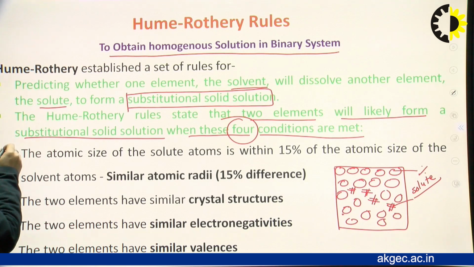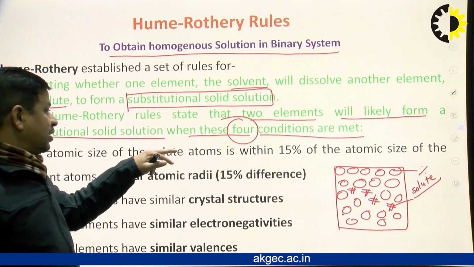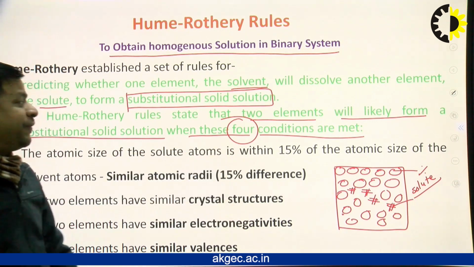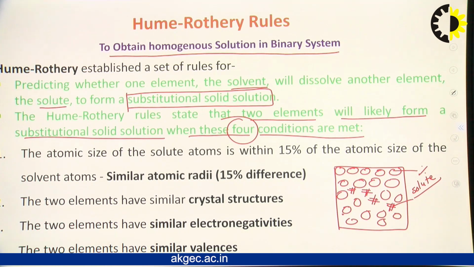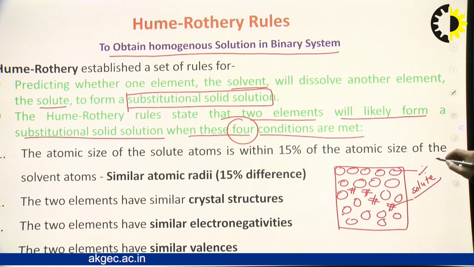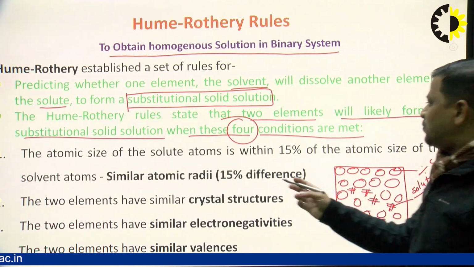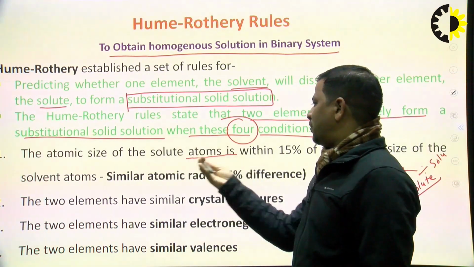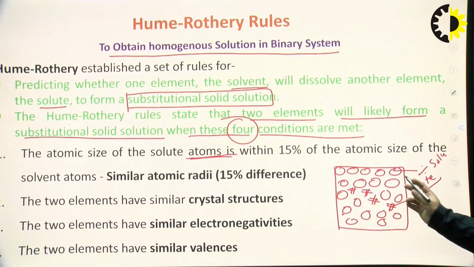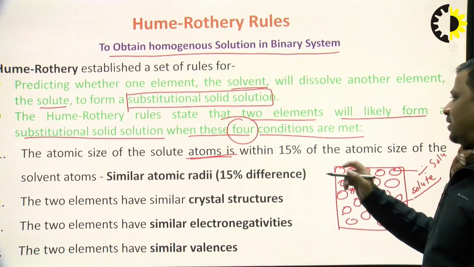Talking about the very first rule: the atomic size of the solute atom is within 15% of the atomic size of the solvent. As I discussed, here it is the solute. Whatever atom size we are using in that particular mixture should be within 15% of the atomic size of the solvent.